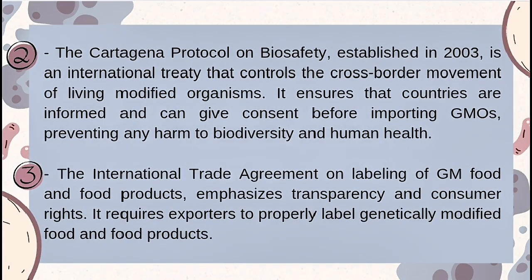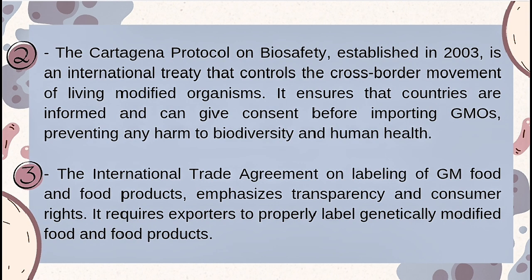And the second principle is the Cartagena Protocol on Biosafety, established in 2003. The Cartagena Protocol is an international environmental treaty designed to regulate the movement of living modified organisms across borders.